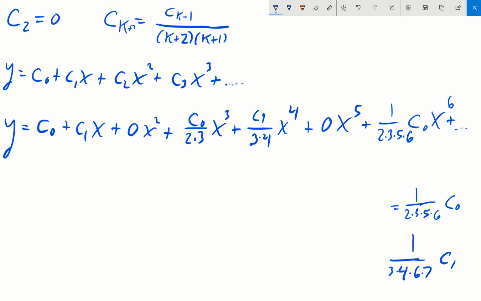And one of the things that we realized, remember this was a second order linear differential equation. So usually the solutions are of the form y equals C0 times some function y1 of x plus C1 times some function y2 of x, where y1 and y2 would be our old school linearly independent solutions to that second order linear differential equation.